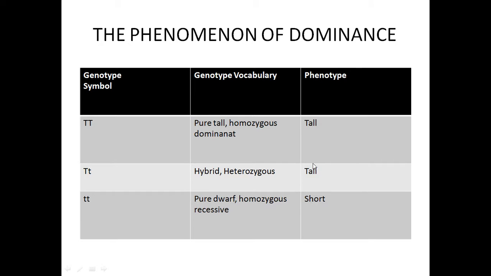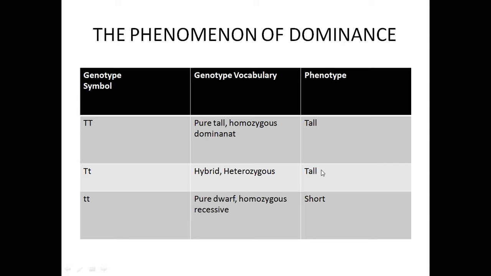Phenotypically, physically, if we see, both are tall. So the character which is expressed in homozygous and heterozygous condition is the tall character.